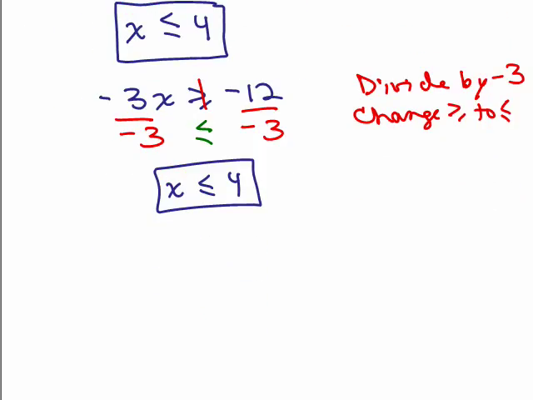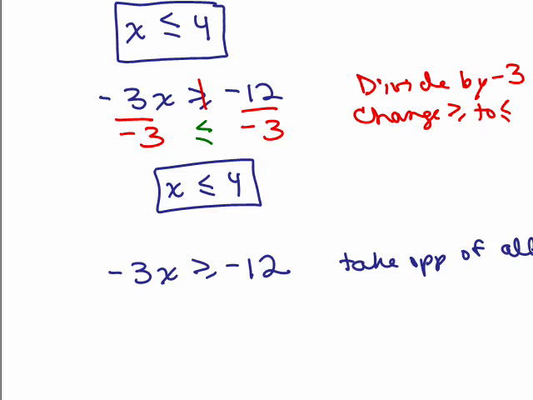You could actually do one more method, where you take the opposite of all. That's like multiplying by negative 1.